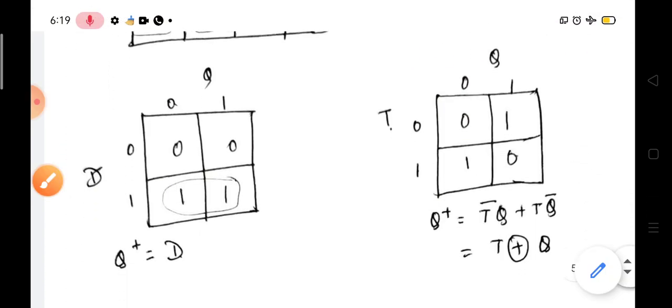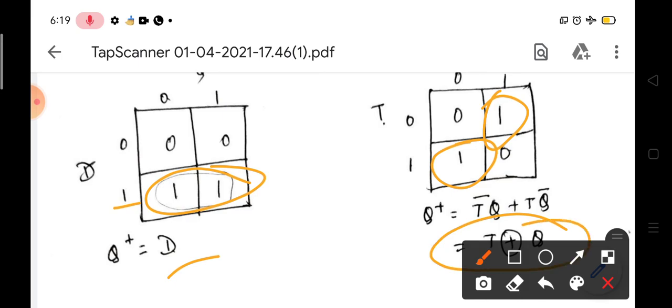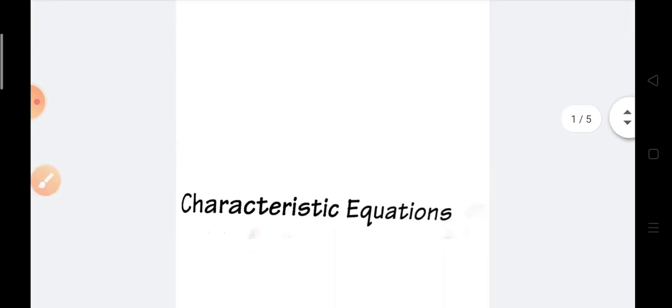And here it represents Q plus equal to D, and here it is this plus this, which is nothing but T XOR Q. So this is all about the characteristic equations. Thank you.